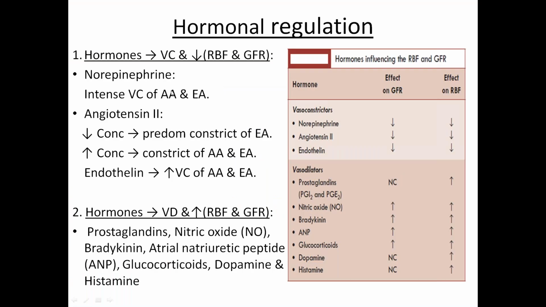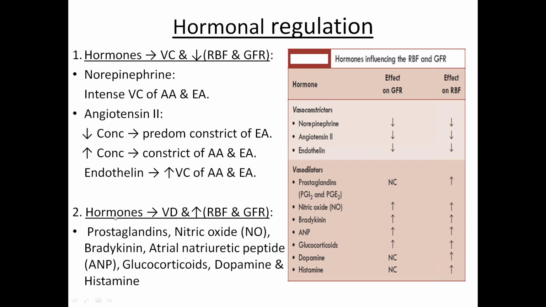This is the one where I just talked about the hormonal regulation, just a moment before this slide, where I told you certain hormones cause vasoconstriction and decrease of RBF and GFR. So I talked about norepinephrine and angiotensin II, both causing constriction of afferent and efferent arterioles and even endothelium.